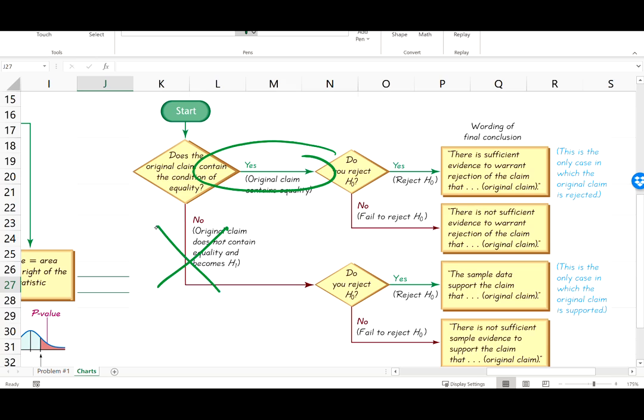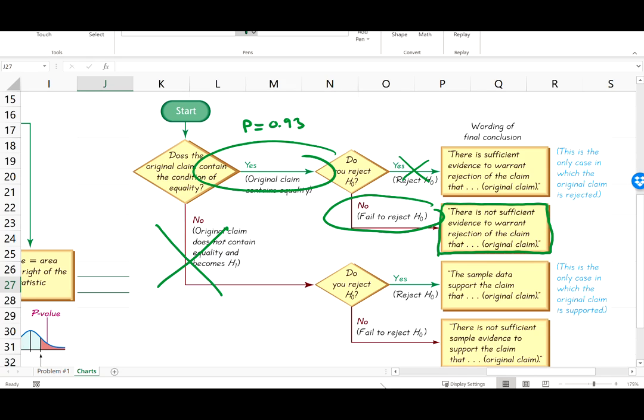Yes. So we're not going down here. The original claim was p equals 0.93. Do you reject the null hypothesis? No. So we're down here, at this box. There is not sufficient evidence to warrant rejection of the claim. So basically the test is inconclusive.